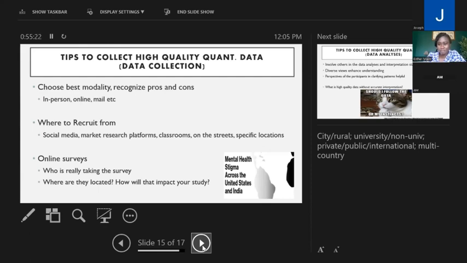All right. Now another piece I want to add to where you recruit and the modality you use is with regards to online surveys. Online surveys, we know, have been really helpful to all of us who do quantitative research. But we really have to ask ourselves who exactly is taking the survey when we put it out online.